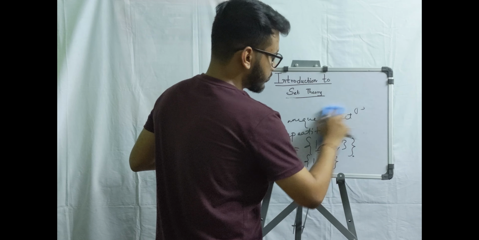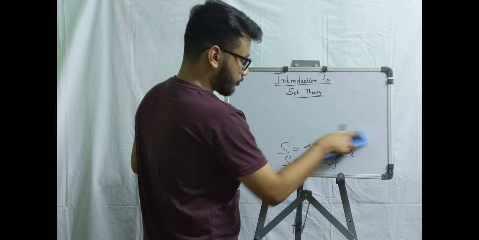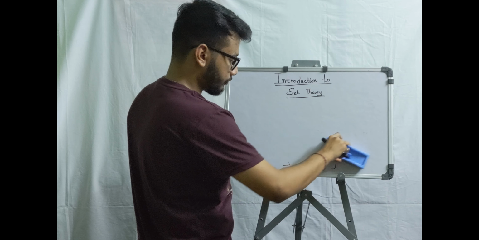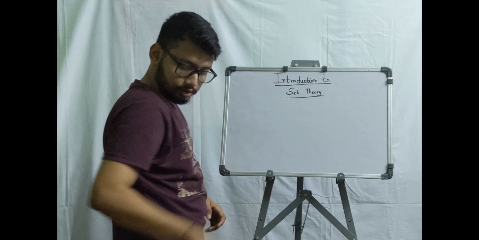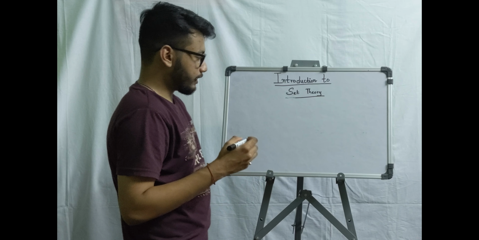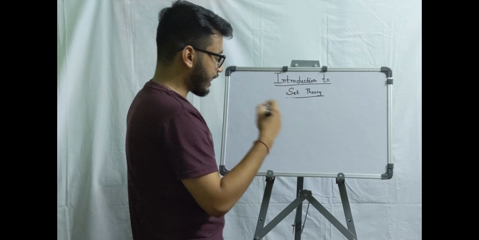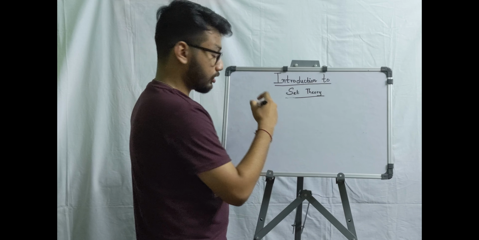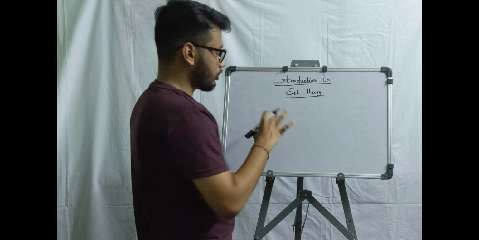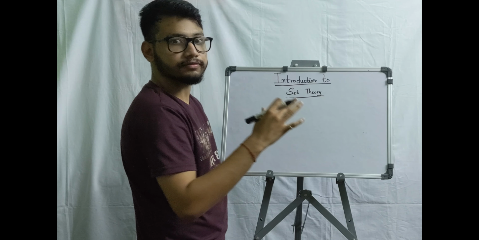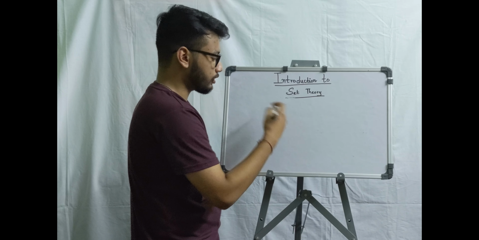Now let us try to solve a problem on set builder. If I tell you, give a set which consists of all positive numbers, or maybe all negative numbers, right? So how do we write it in a set builder form?